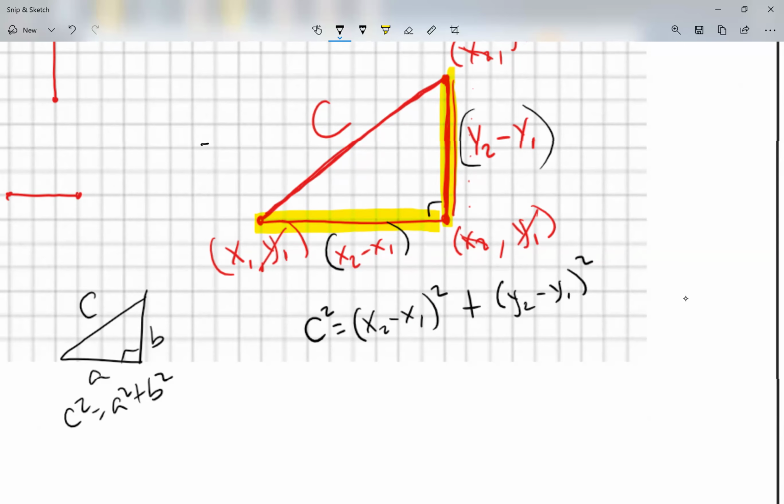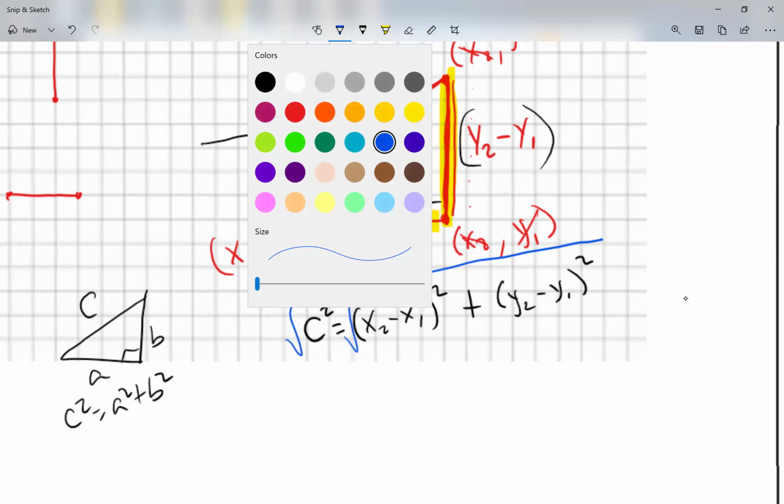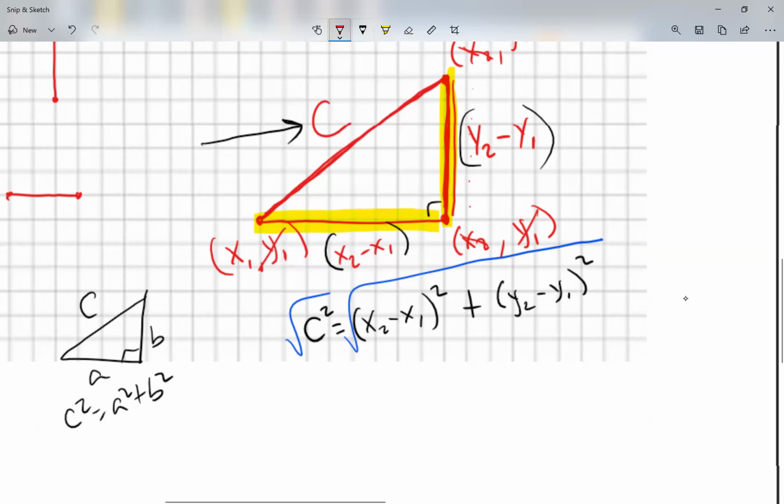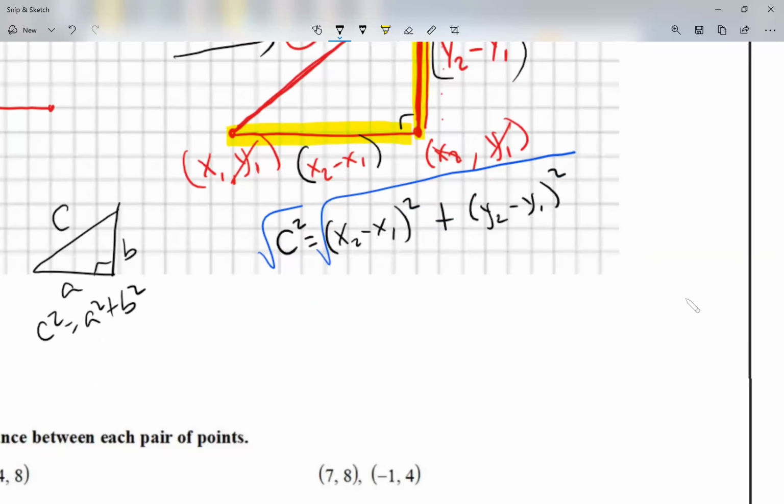But if you notice, I'm not solving for c squared. I'm solving for c. So the way I'm going to undo a square, I'm going to do a square root. Let me write this in black because this is a formula we're going to use a lot. Here I have that c, which is my distance formula, is a big square root.